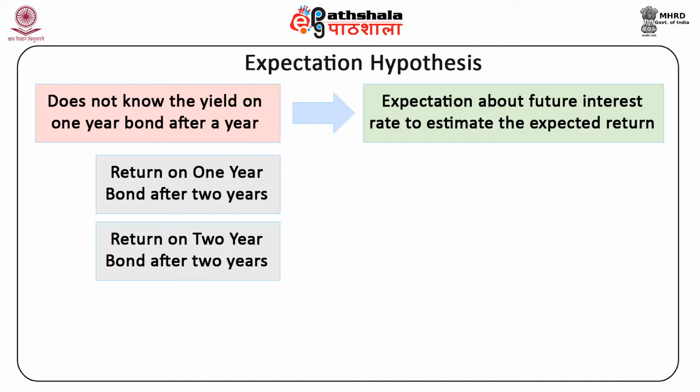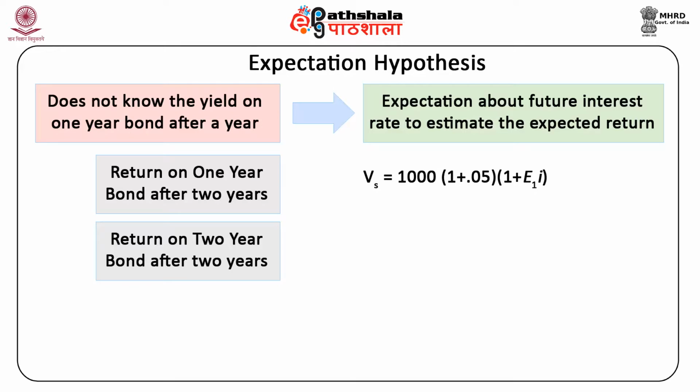That is, Vs is equal to 1000 into (1 plus 0.05) into (1 plus E1i). Instead, if the investor invests in 2-year bond, the return after 2 years would be VL equal to 1000 into (1 plus i2) whole square.